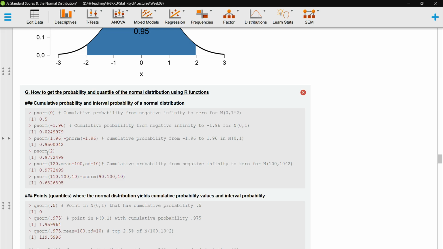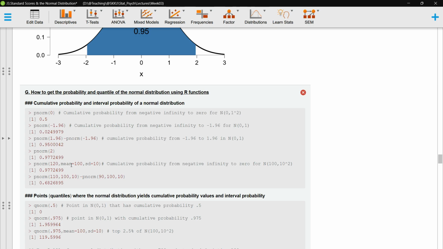And what if we have a different value for the mean and the standard deviation? We can still use the same function with the specification of the mean and the standard deviation. For example, if we have a mean of 100 and a standard deviation of 10 for a specific normal distribution, and we want to know the cumulative probability from minus infinity to this point, it will give us the cumulative probability.